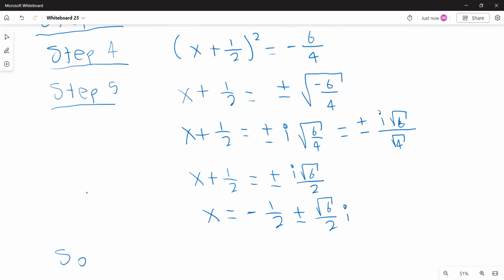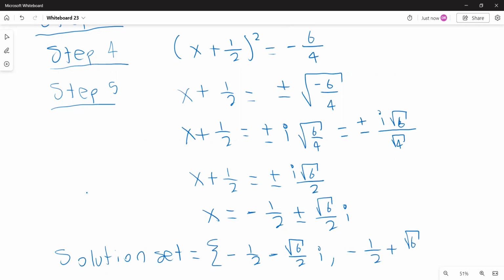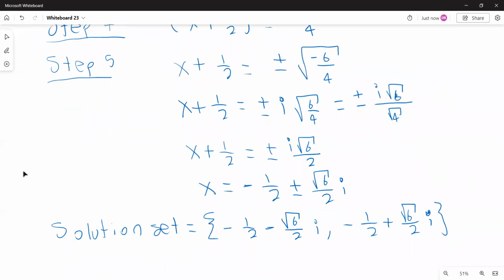So the solution set is going to be that. So these are going to be the solutions. The solutions are complex, and they come in conjugate terms.